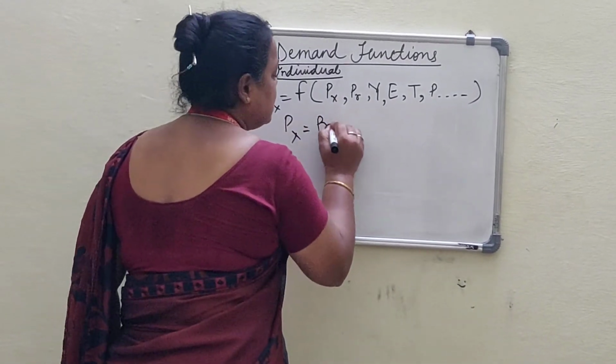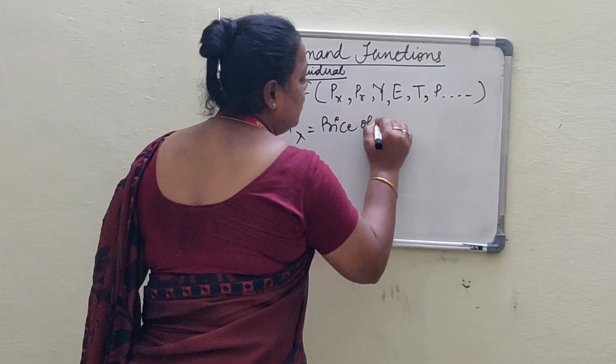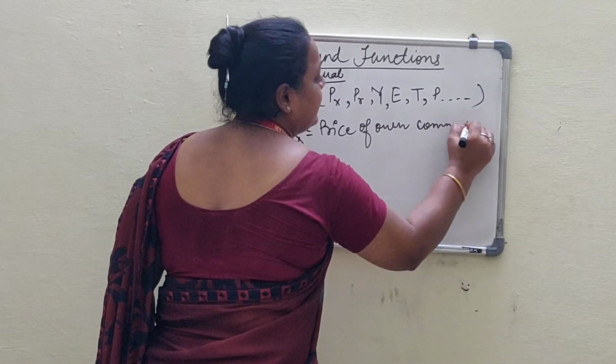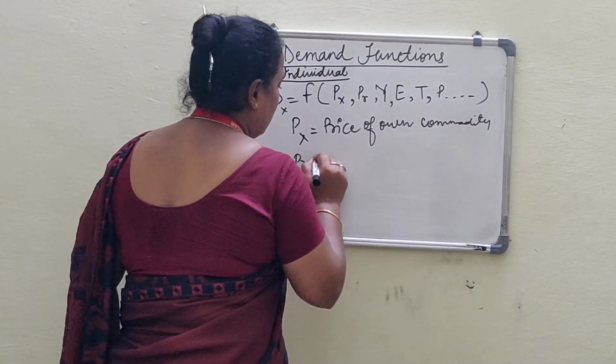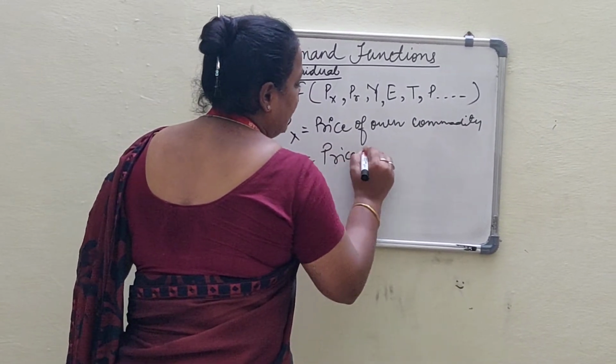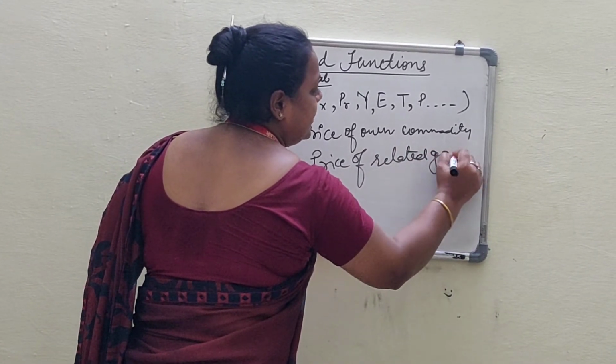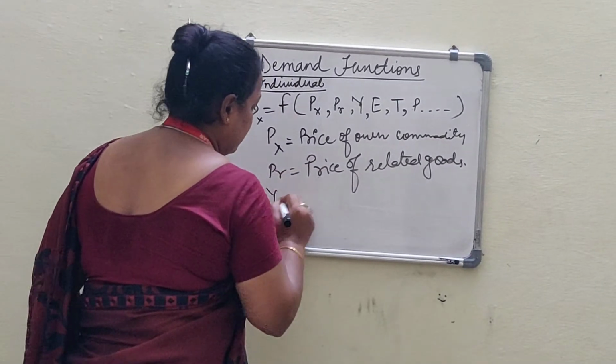I'm just writing down the things here. This is price of own commodity. Then price of related goods. Related goods we have already studied, but I will let you know about them later also.